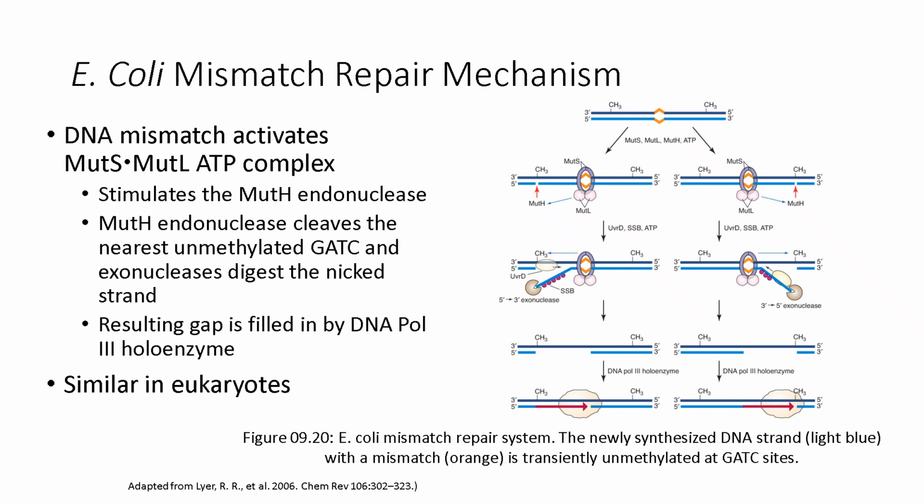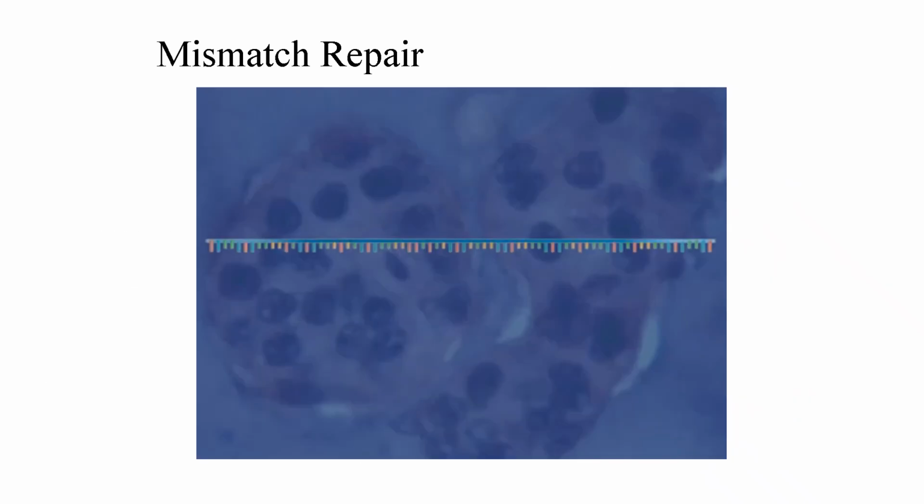DNA polymerase III holoenzyme fills in the gap using the parental strand as a template, and DNA ligase completes the repair. Eukaryotic cells use a similar overall mechanism, though they rely on different strand discrimination signals since they lack methylation marks. Mismatch repair not only fixes replication errors, but also helps preserve microsatellite stability.